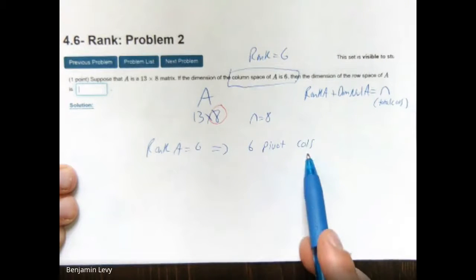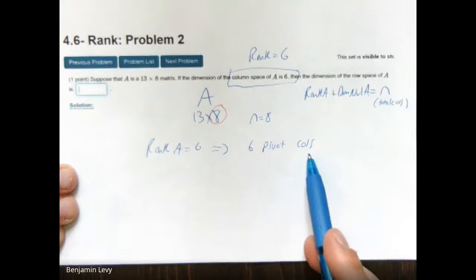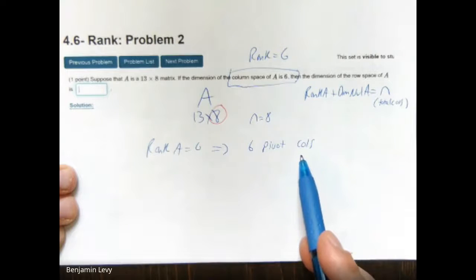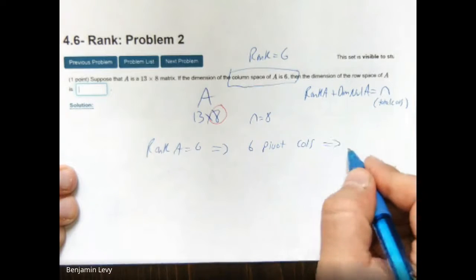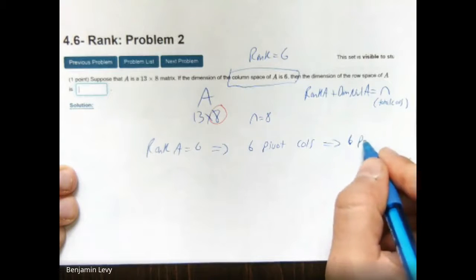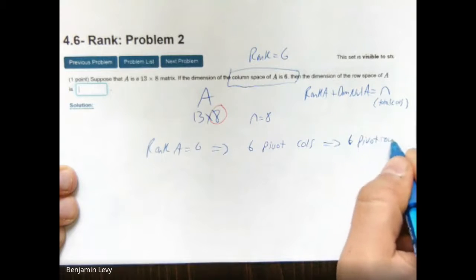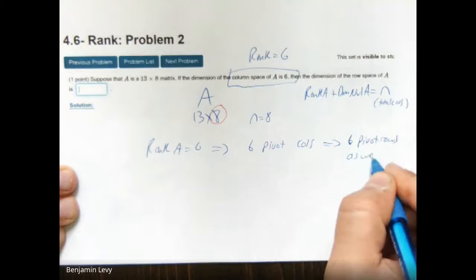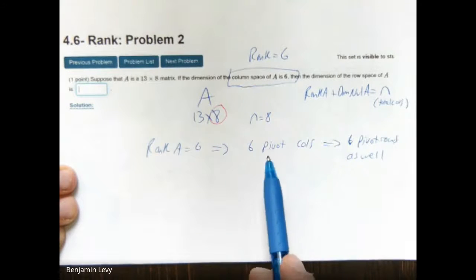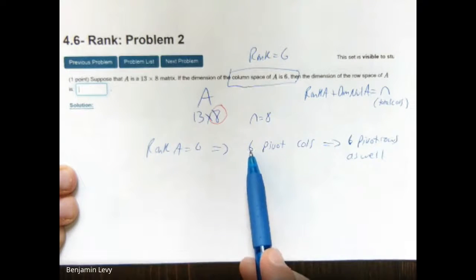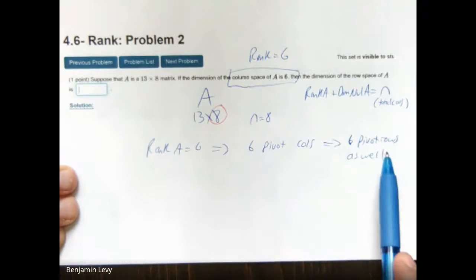Well, each pivot has to be in its own row too, right? Because in order to be a pivot, you need to go down and right. If you imagine what a pivot is, there's a 1, and then you go down and right, and when you go down, you go into a new row. So if there are 6 pivot columns, there are 6 pivot rows.